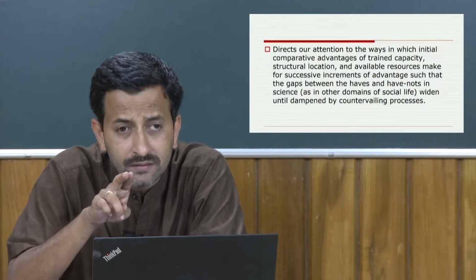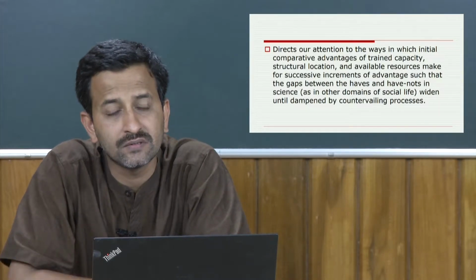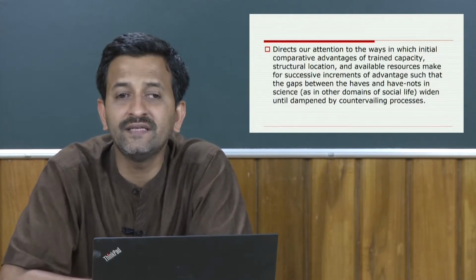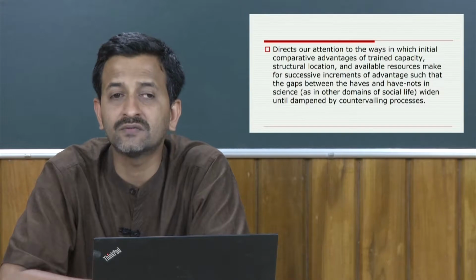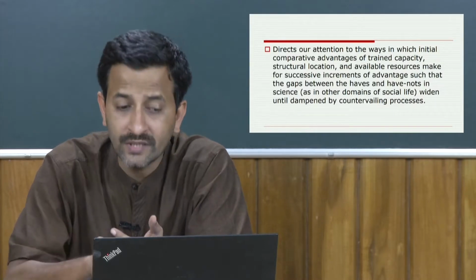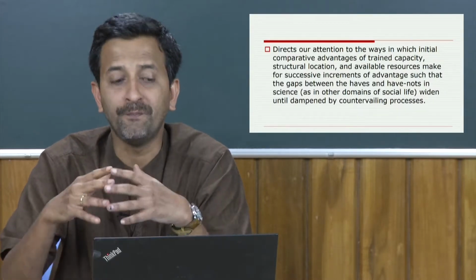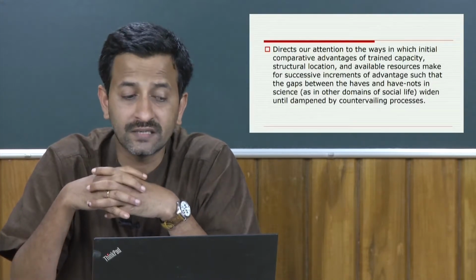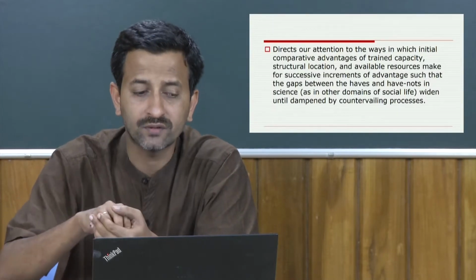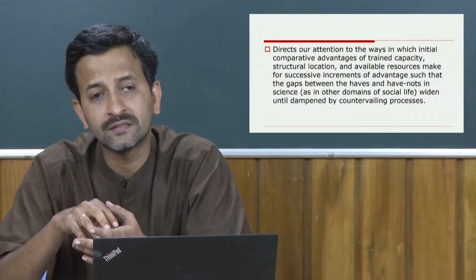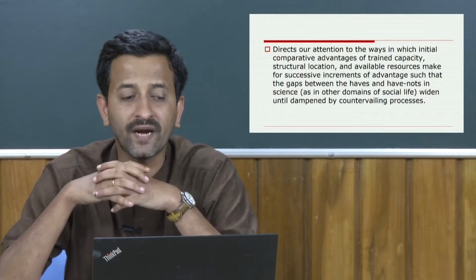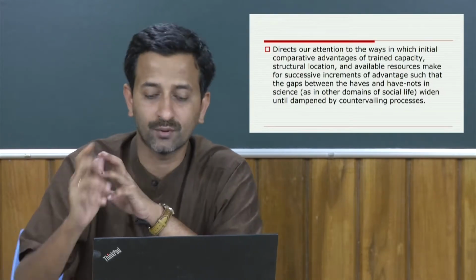But the way cumulative advantage in science is discussed here by Merton, it directs our attention to the ways in which initial comparative advantages of, one, trained capacity, two, structural location, and three, available resources, make for successive increments of advantage, such that the gaps between the haves and the have nots in science, as we find similar trends in other domains of social life, get widened until dampened by countervailing processes.